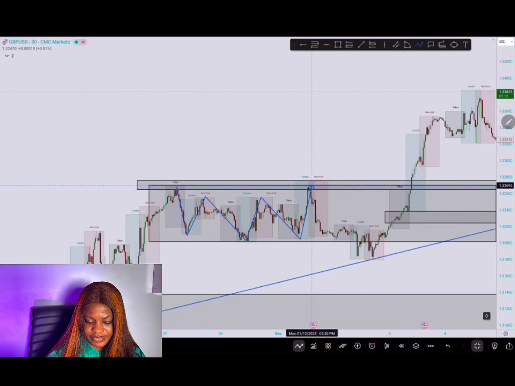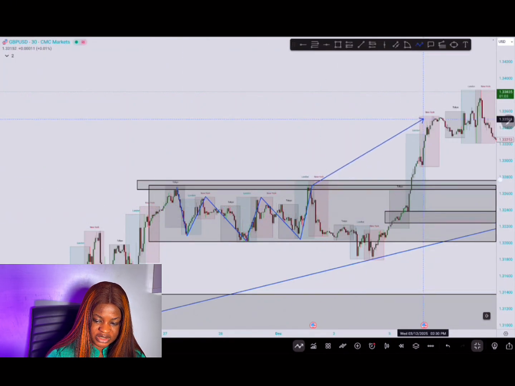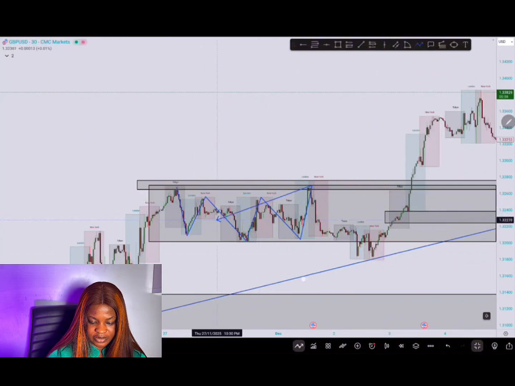So no structure. It's not breaking any structure to the upside or to the downside. You understand? So this is what we call a range market. This alone itself is a strategy. So you're either trading the trend, whether it's an uptrend or a downtrend, or you're trading the range of the market. So these are the three basic structures of the market.